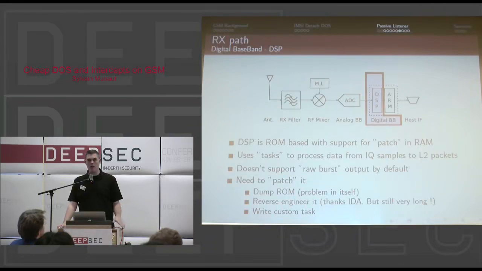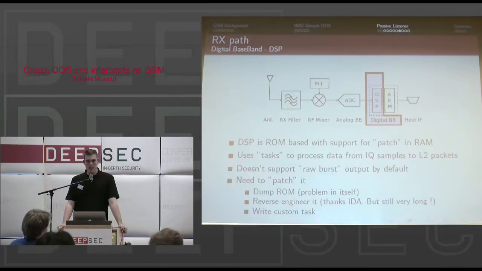We cannot change it. What we can do, however, is apply small patches, because the manufacturer didn't want to reburn a new chip each time. So there is a small area of RAM where you can overwrite a small part of the installed ROM. They use function tables, and so you can overwrite entries in the function tables if you want to call your function instead of the default function.